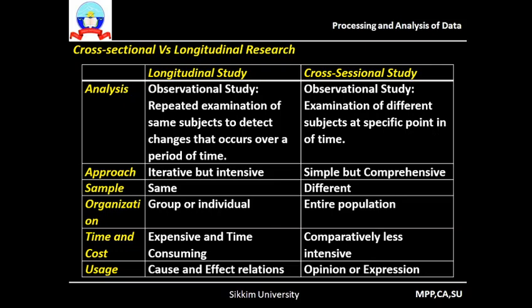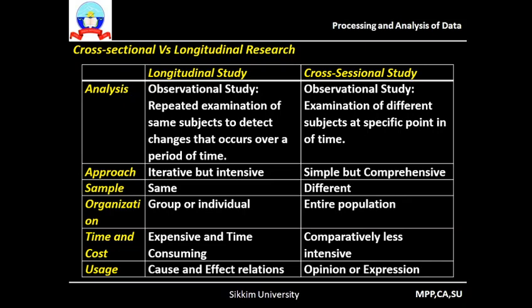Approach: a longitudinal study is an iterative but intensive approach, whereas a cross-sectional study is simple but comprehensive in nature. In a longitudinal study, we examine the same sample, whereas in a cross-sectional study, we examine different samples.